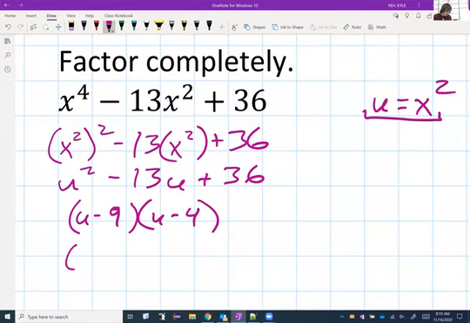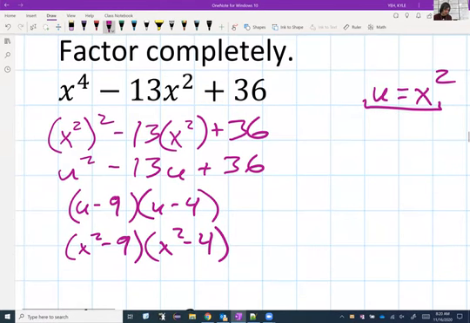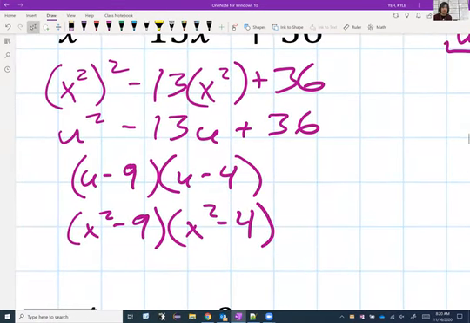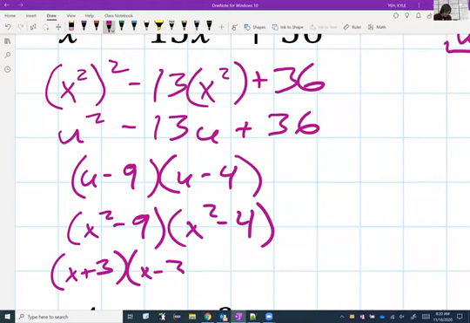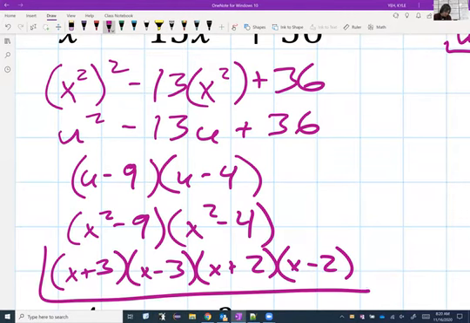So I'm going to come here and say x squared minus 9, x squared minus 4. I'm going to substitute that x squared back in now that I have the u's all factored. And you might look at this and say, wait, it said factor completely. I think I can factor this even further. Difference of two squares: x plus 3, x minus 3, x plus 2, x minus 2.